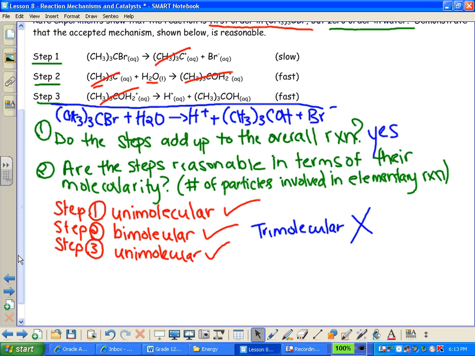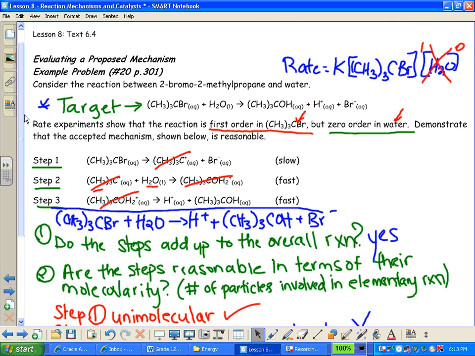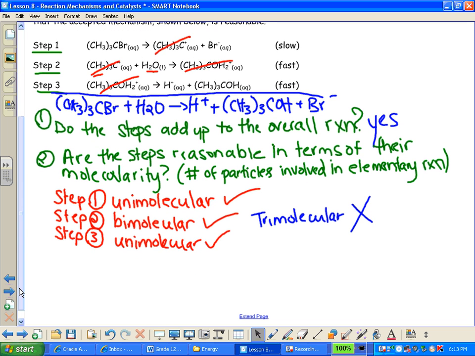The final question you need to ask to analyze this mechanism is: is the proposed mechanism consistent with the experimentally determined rate? Remember, at the beginning of this question, we determined the rate for the experiment that was given, so our first order and our 0 order and our water. We want to see that the elementary rate is equal to the original rate we got from the experimental calculations.